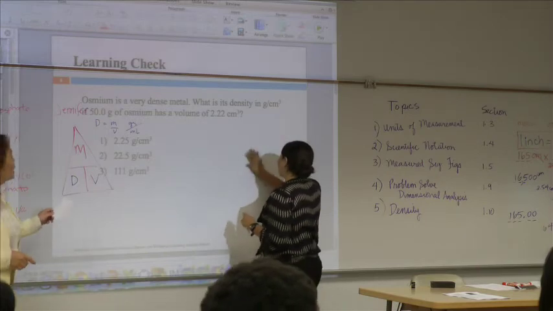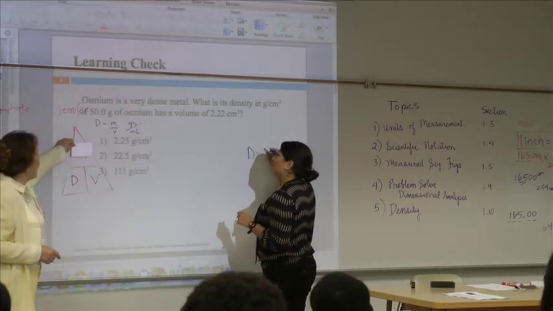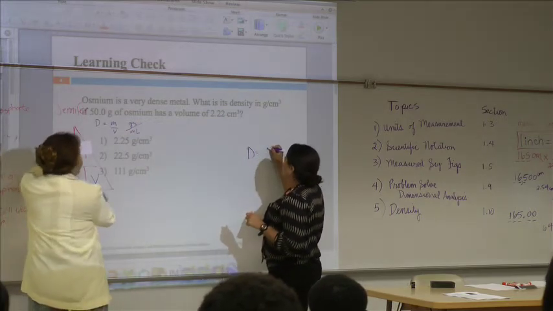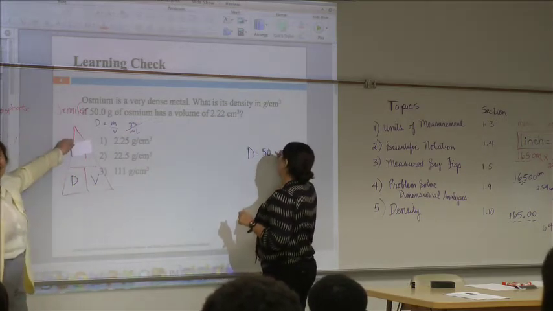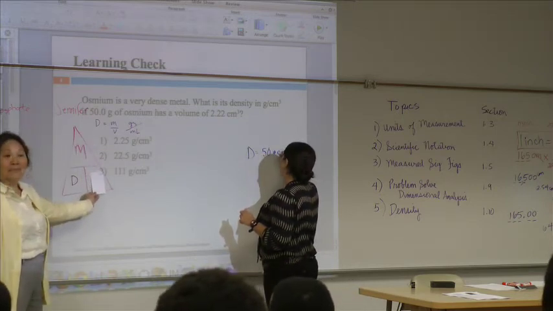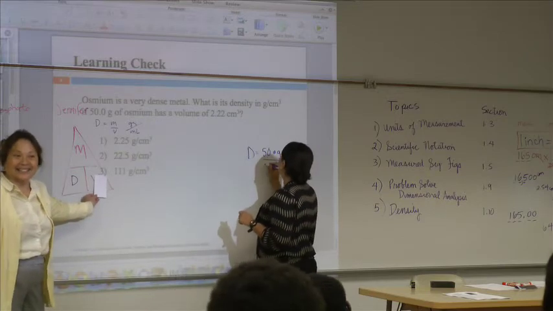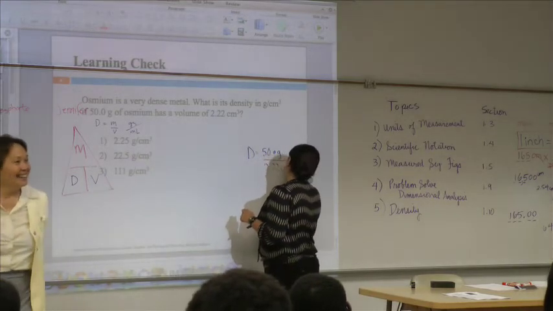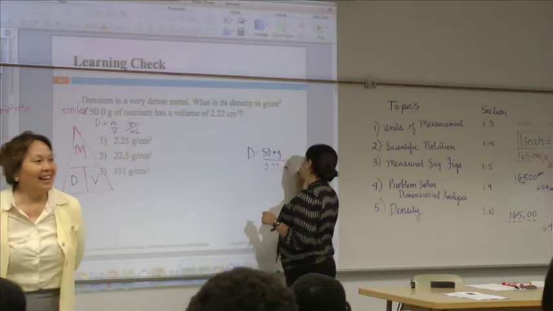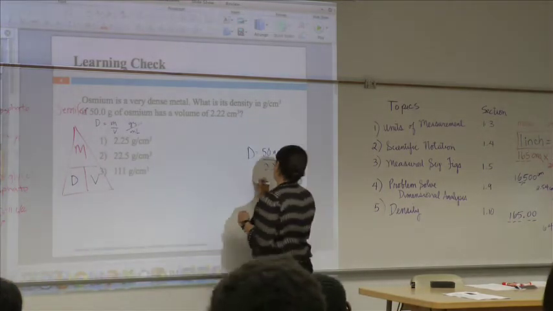And so, continuing on with the triangle, if you want to solve for mass, cover it, and multiply density times volume. Isn't that so cool? And if you want to solve for volume, just cover volume: mass divided by density. See that? So that's why this is kind of like a magic triangle.